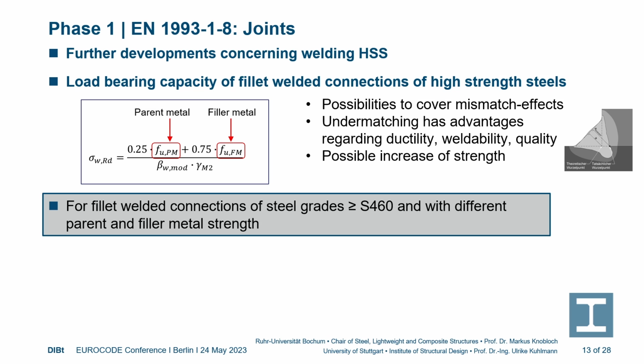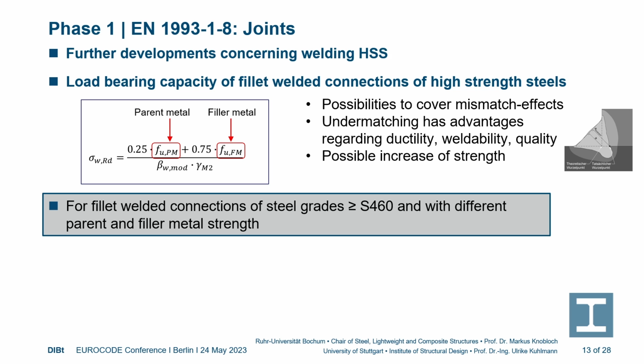And this new resistance formula has not only the strength of the parent material, but also the strength of the filler metal included. And you can see here from the factors, it gives the filler metal 75% of the strength. So this is really dominating the strength of fillet welds.